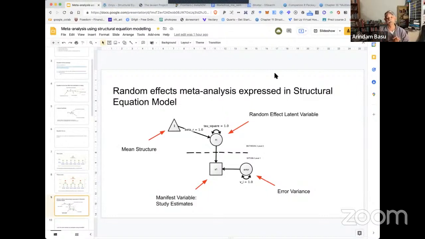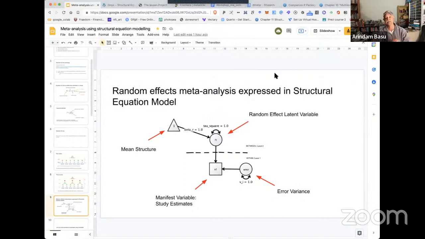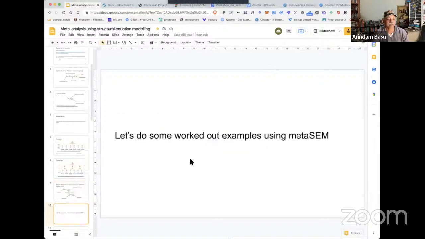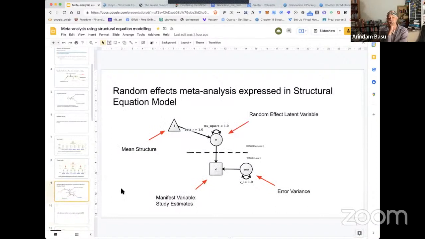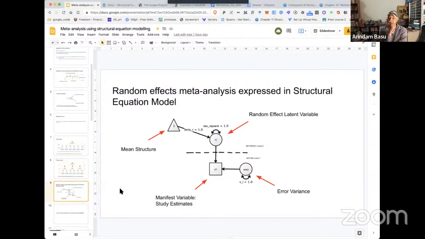So don't look at that number 1.0. It's a pre-assigned value, but beta_r will assume or we get some value, and that's the mean of the effect size that you do get to see there. So that mean structure here, the constant is lending that mean value to F1, which is a circle.